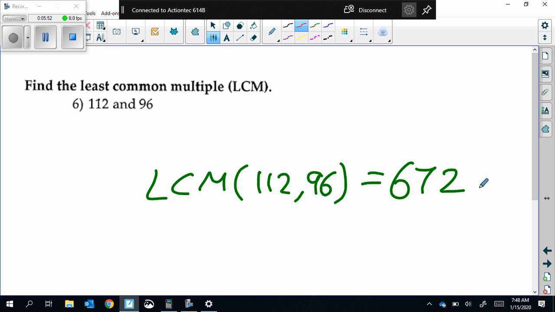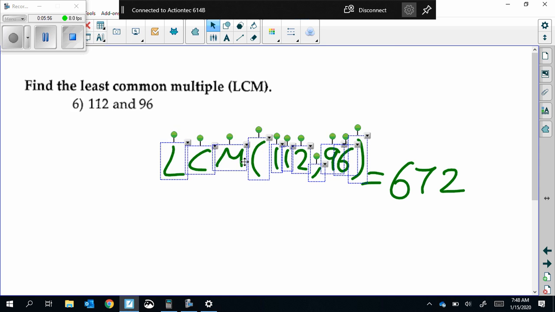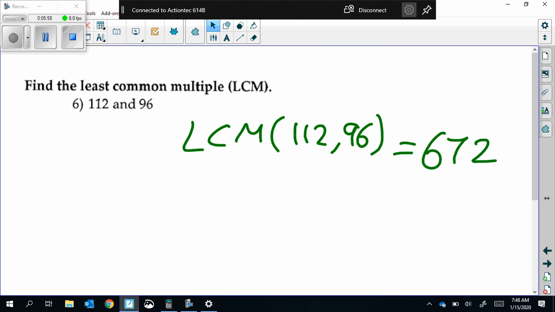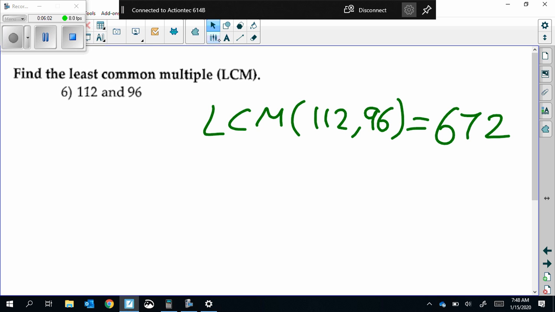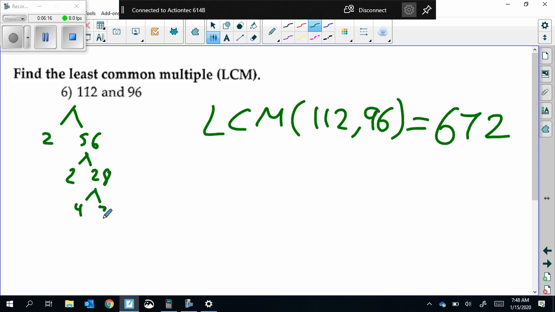If you're not able to do that, you can do that with prime factorization. It takes quite a bit longer, because you have to get the prime factors of 112 and 96. So you have to do what we did on the previous page. For 112, that's 2 and 56, 2 and 28, 4 and 7, 2 and 2.